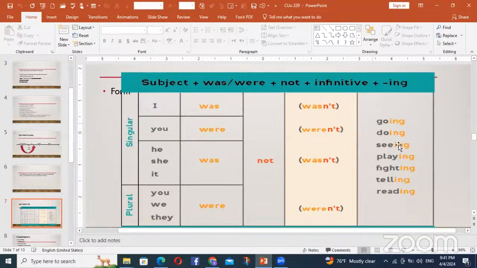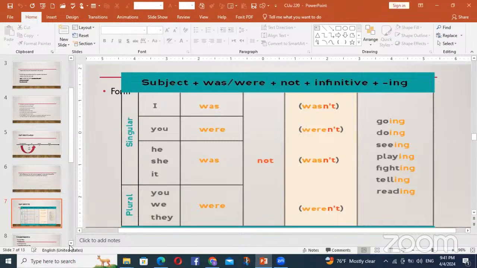So I was not going. You were seeing. He was fighting. In the negative, he was not fighting. He wasn't fighting. She was not telling. She wasn't telling. You were not reading. You weren't reading.